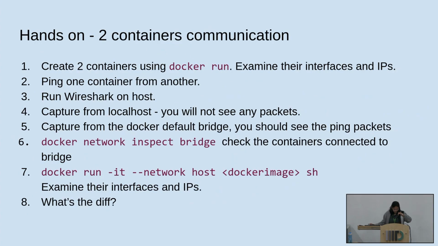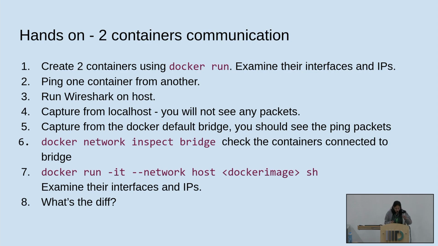Okay, great. So we saw how your container got an IP and how it communicated with the outside world. Let's now see what exactly these interfaces look like inside Docker.